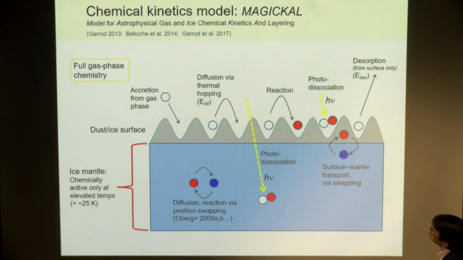Okay, this model has a full gas phase chemistry, but it does still have the full grain surface chemistry and actually a mantle chemistry, so we can have UV photons going deep into the ices and inducing chemistry. But more or less, it's the same type of chemistry as we saw in the other model. It's based around this idea of diffusion on surfaces or even in the bulk, driving the rates of reaction. When things meet that are reactive through diffusion, then they can react where they are.